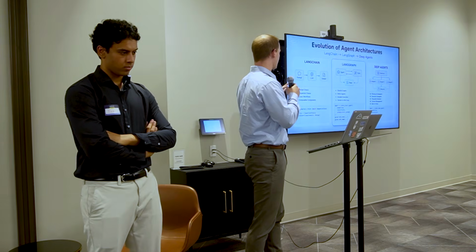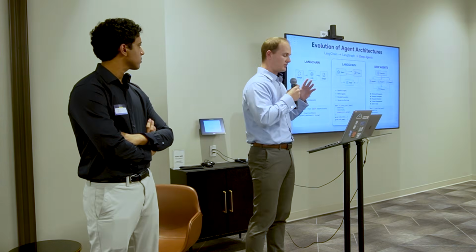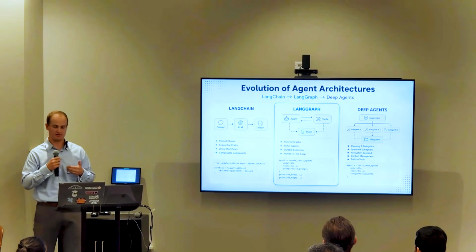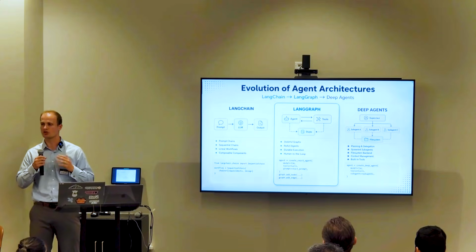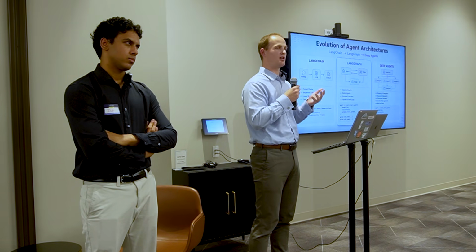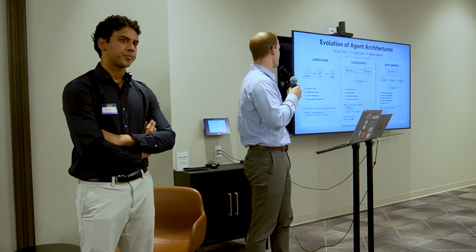Linear and not necessarily dynamic. And when it came to building more complex, dynamic tool using agents, definitely building these chains becomes a little more difficult to manage and to optimize.